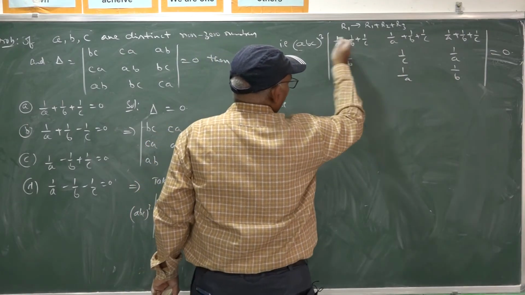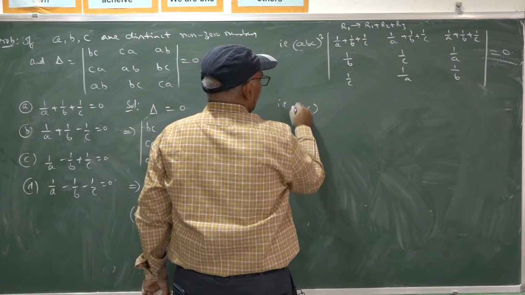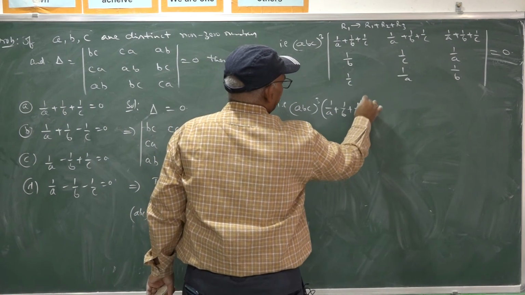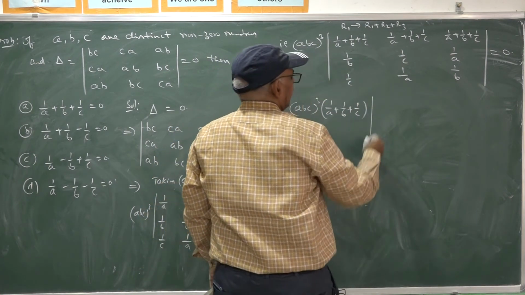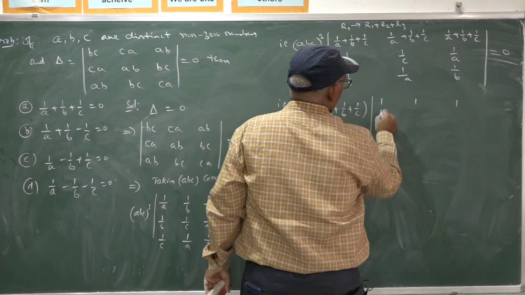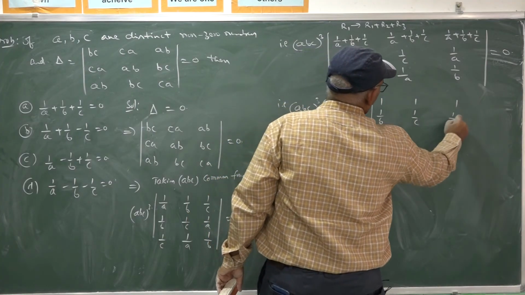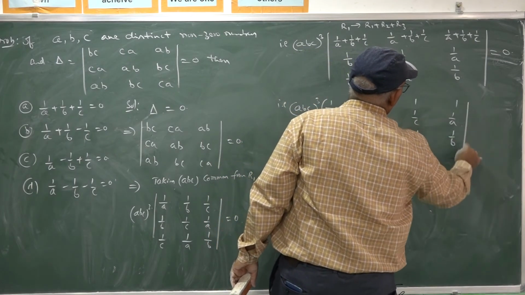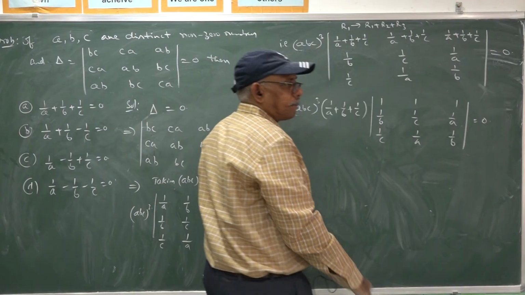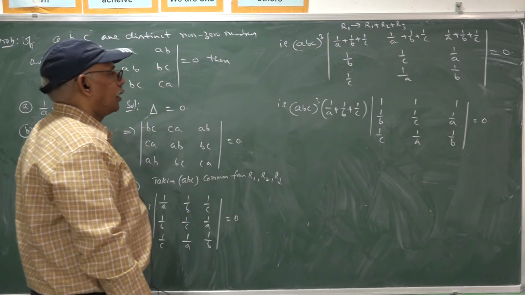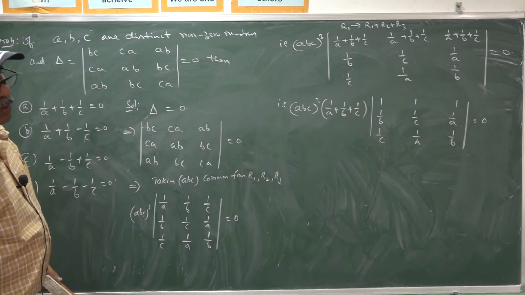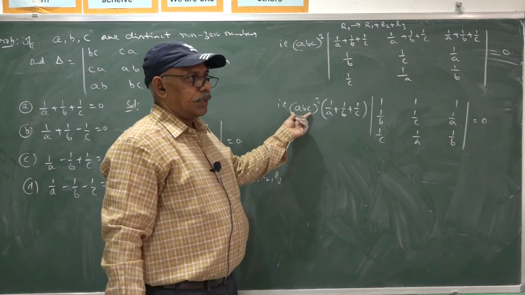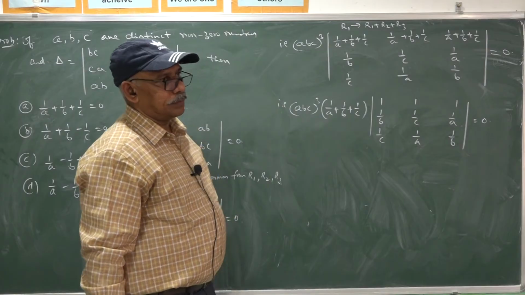That is, from row 1 taking 1 by A plus 1 by B plus 1 by C as common, we get 1, 1, 1. 1 by B, 1 by C, 1 by A, 1 by C, 1 by A, 1 by B is 0. Since ABC is non-zero, it cannot be 0.